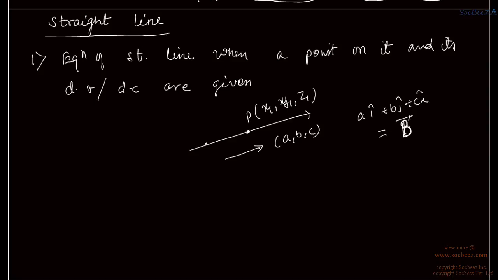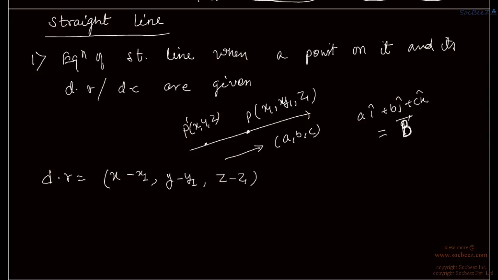Now we have to find a moving point P dash (x, y, z). With these 2 points we can always make a direction ratio as x minus x1, y minus y1 and z minus z1.